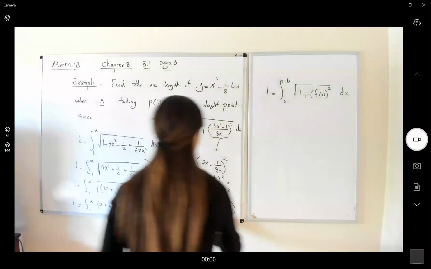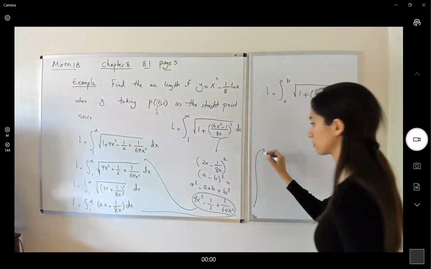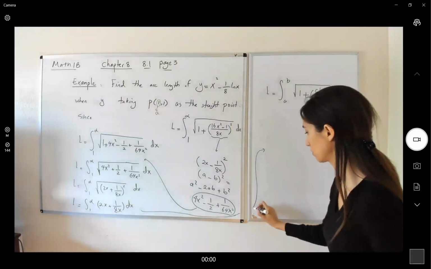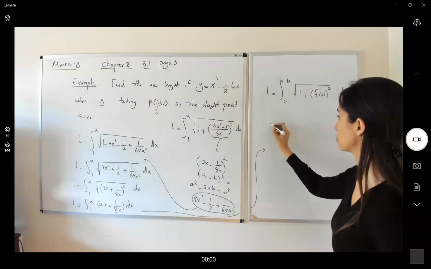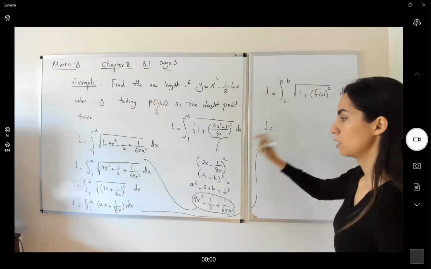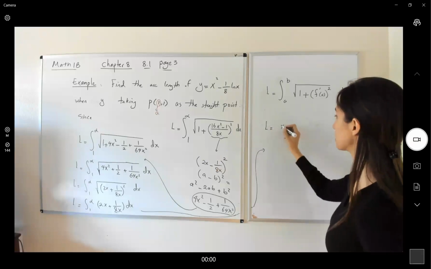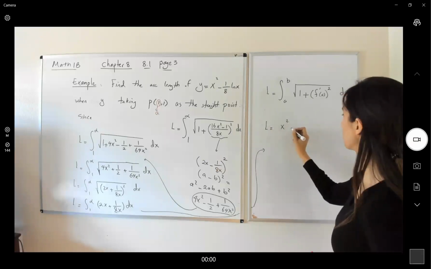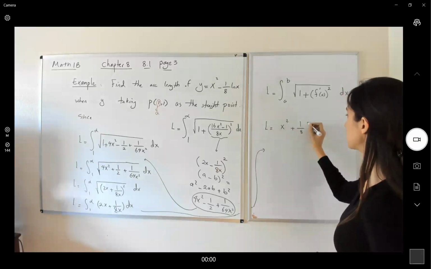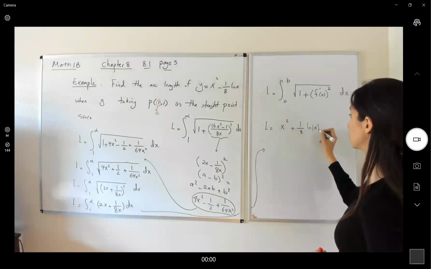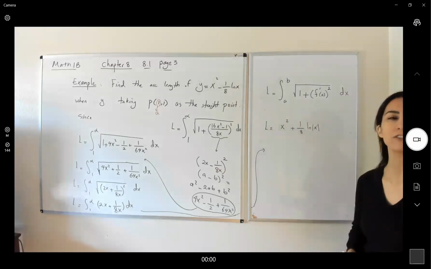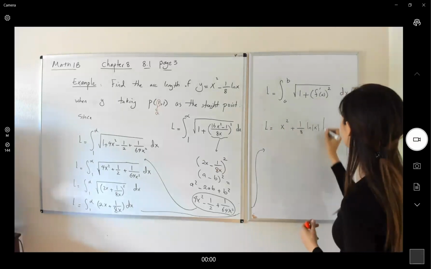So I'm going to write down the rest of it here. L equals the integral of 2x, which is x squared, plus 1 over 8 ln of the absolute value of x, and my x ranges from 1 to alpha.